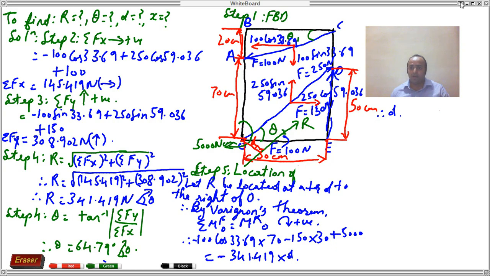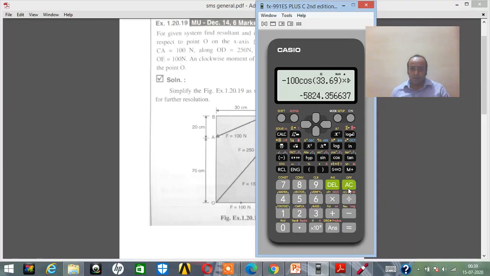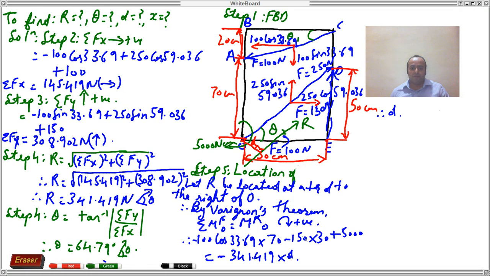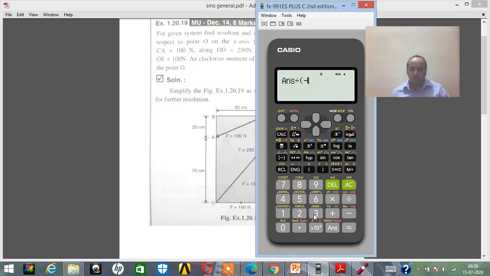Minus, now I will be continuing this one, minus 150 into 30 plus 5000 is equal to minus 5324.35 divided by the value, minus 341.419.